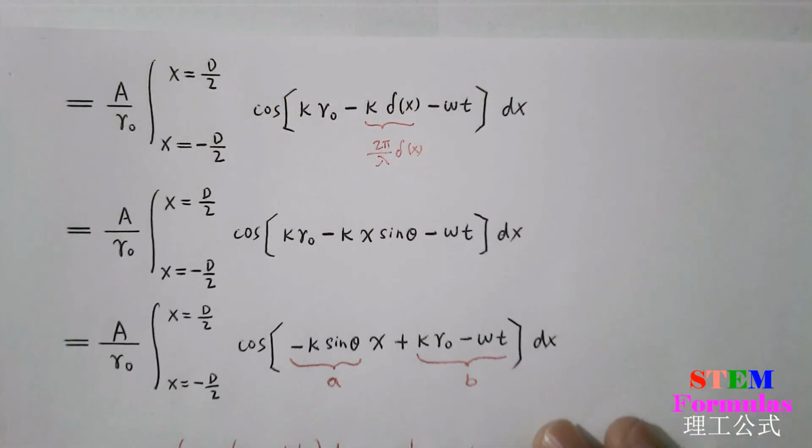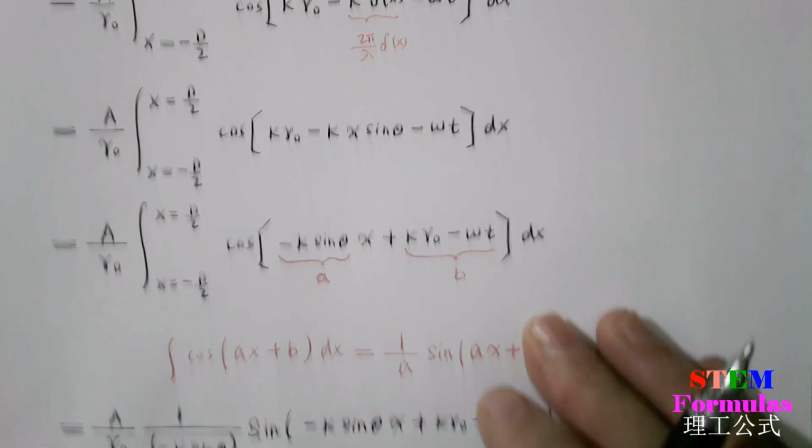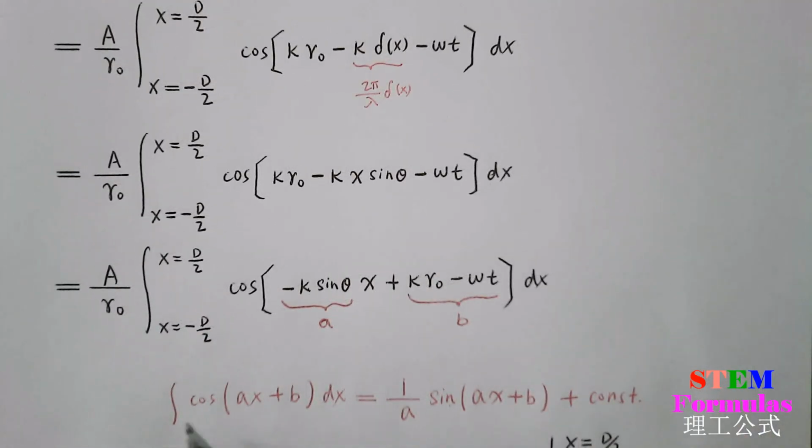Now I use a calculus formula: the integral of cosine of ax plus b, dx, equals 1 over a times sine of ax plus b, plus an integral constant.